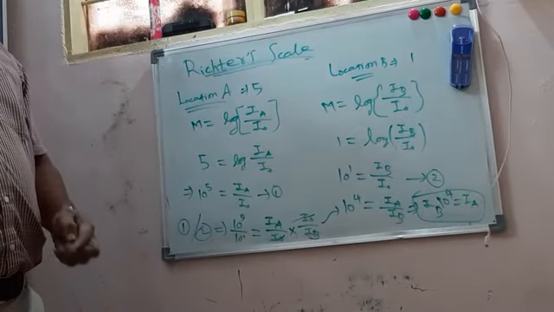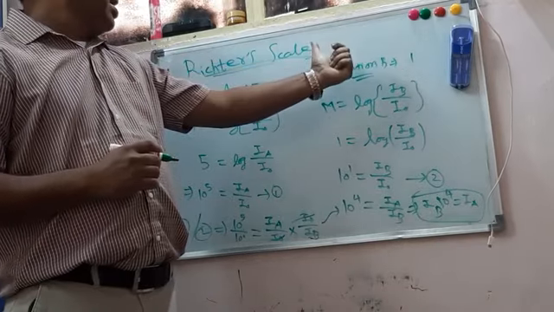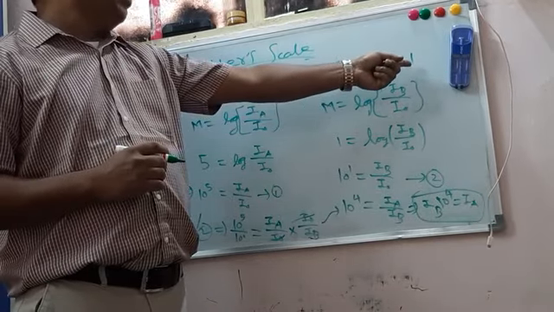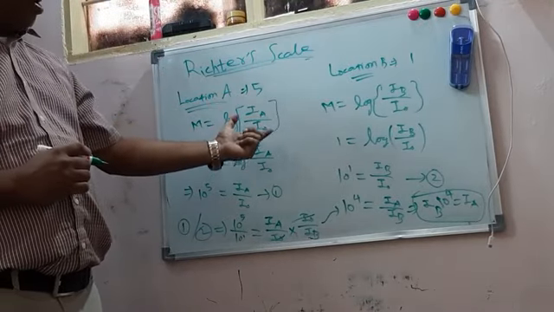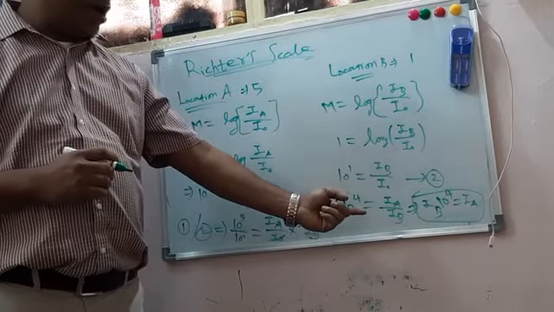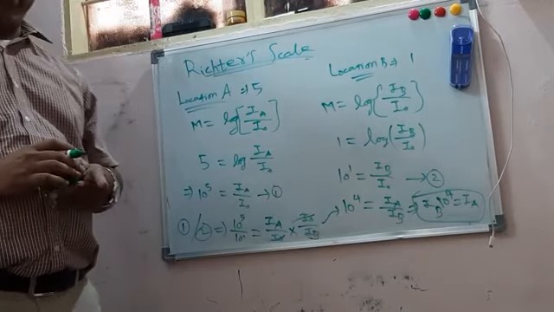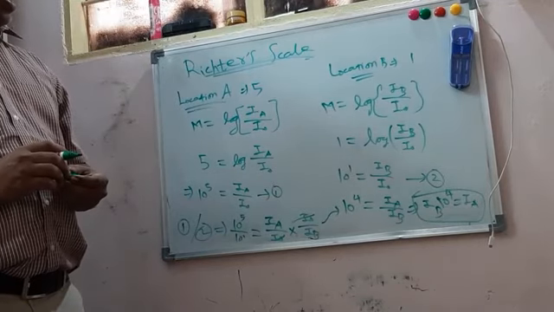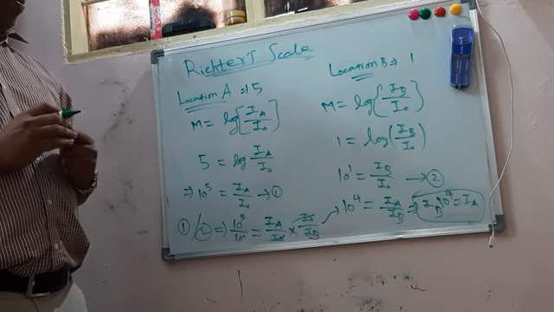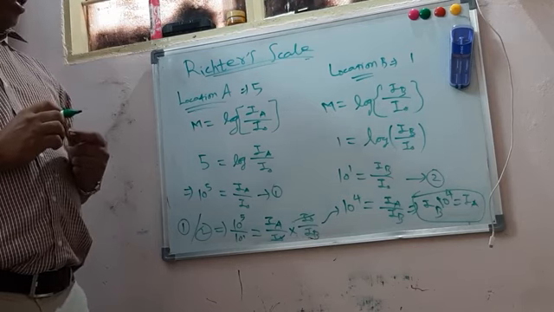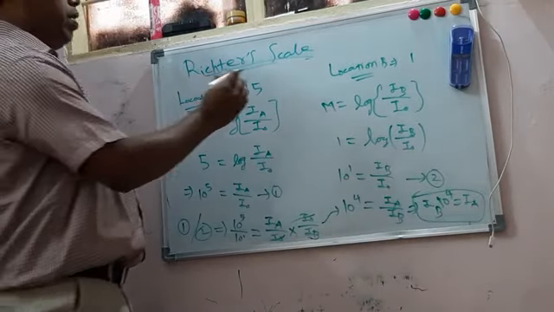So at location B, the Richter scale magnitude is 1, and at location A it is 5. If you compare these locations, the intensity or power at location A is 10 power 4 times larger than at location B, which has a Richter value of 1.